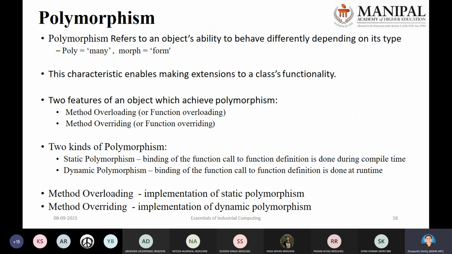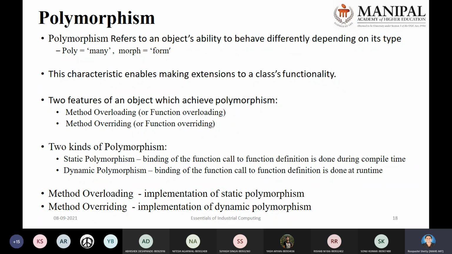So polymorphism refers to the object's ability to behave differently depending on its type. One object, multiple forms. That is the meaning. So one object, based on its type, can behave differently. That is why the name polymorphism. And this particular feature of object-oriented concepts provides a means to extend an object's functionality.